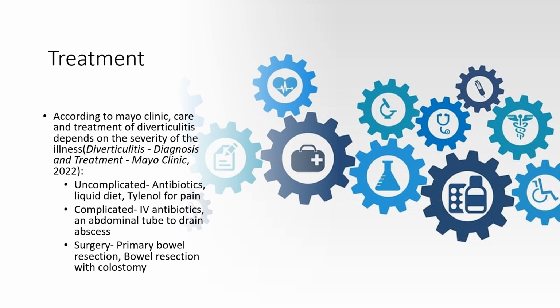There are two different types of surgery that I will discuss. So there's a primary bowel resection where the surgeon removes the diseased segments of your intestines and then reconnects it to the healthy segments. And then you have a bowel resection with a colostomy.